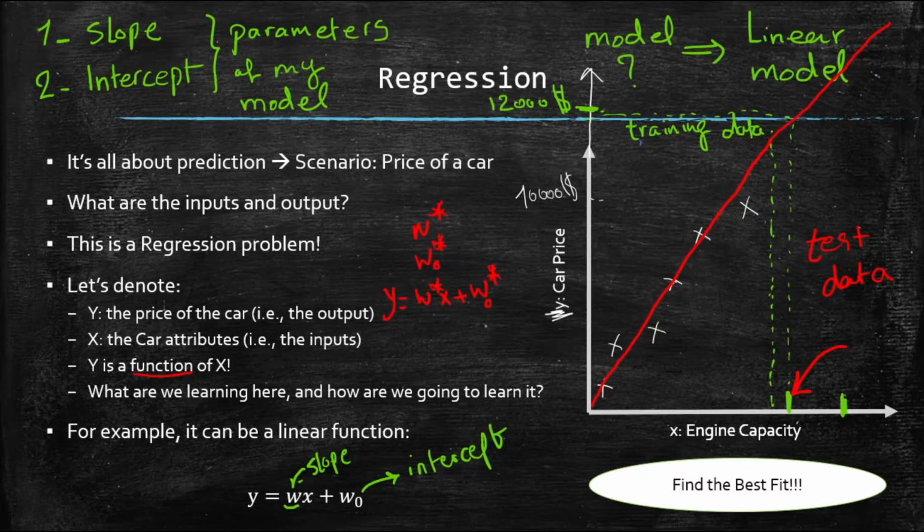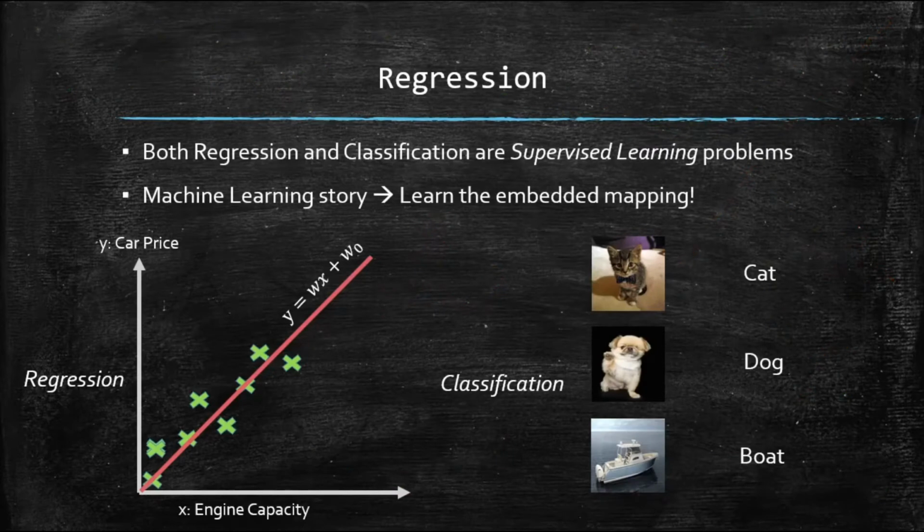For every engine capacity in our training data, we have the actual price, and that is supervised learning, because we have the actual label, or in this case the actual price, the truth. Sometimes they call it the ground truth as well.